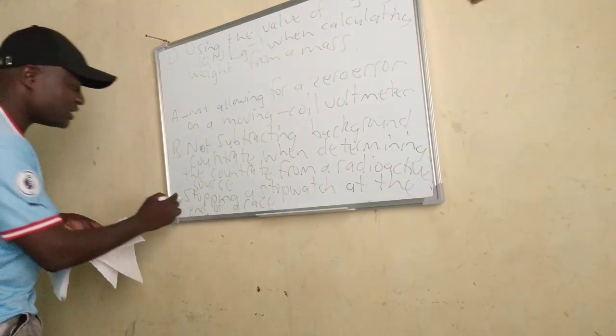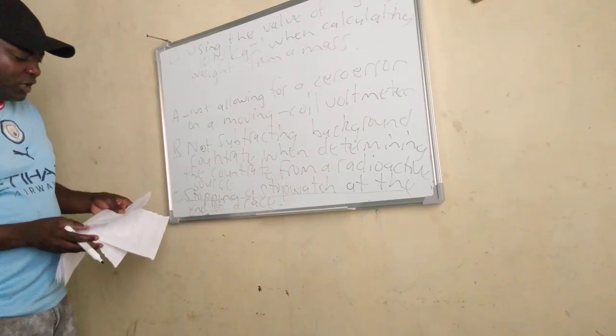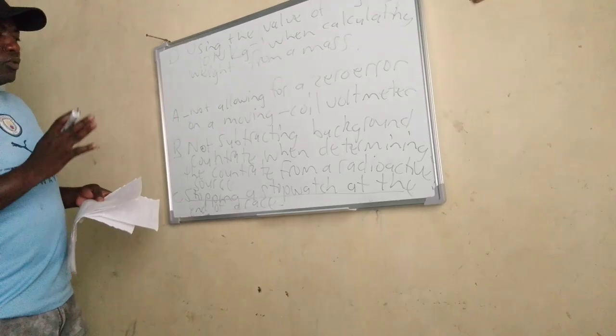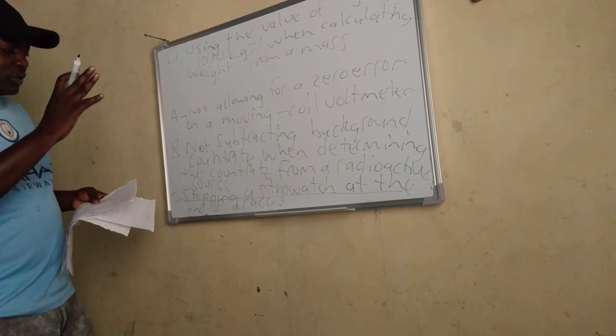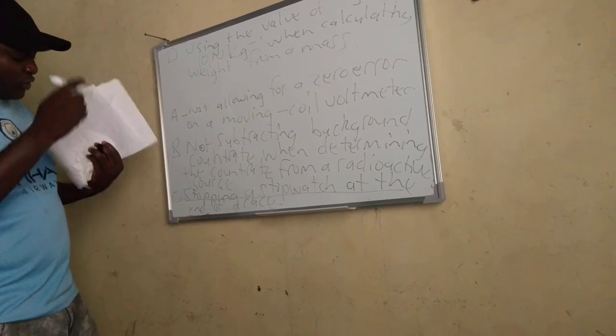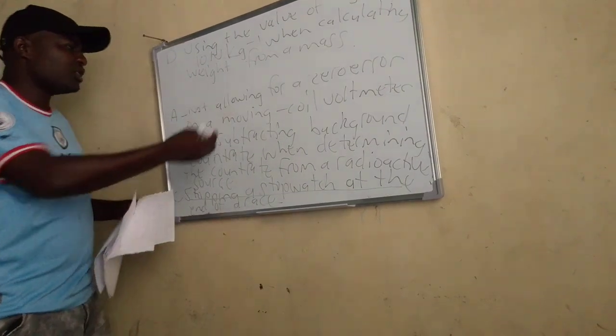So the answer there is C. Stopping a stopwatch at the end of a race would involve random errors because it would result in the values being scattered about a true value. Not allowing for a zero error is to do with a systematic error.